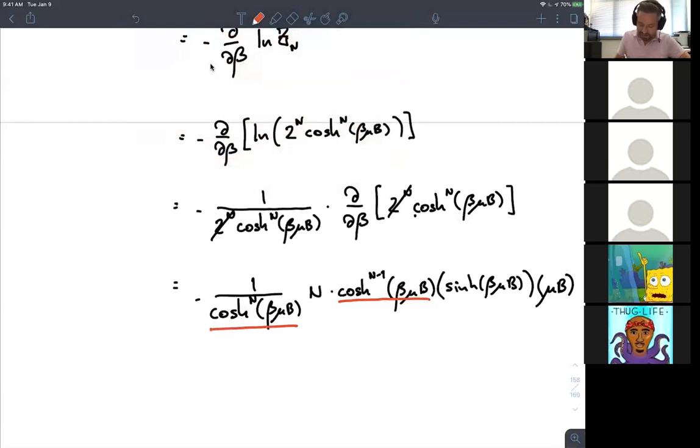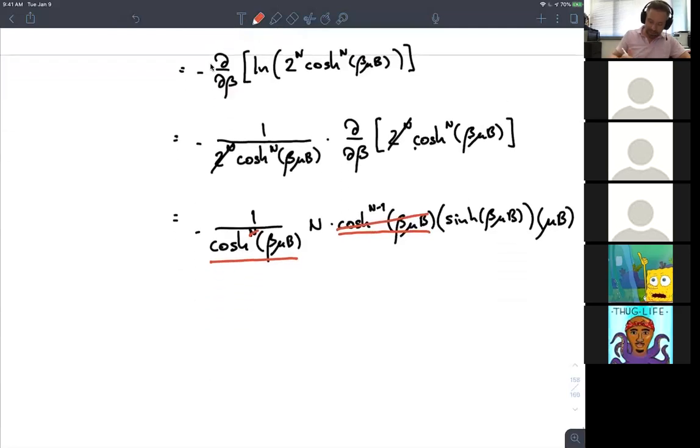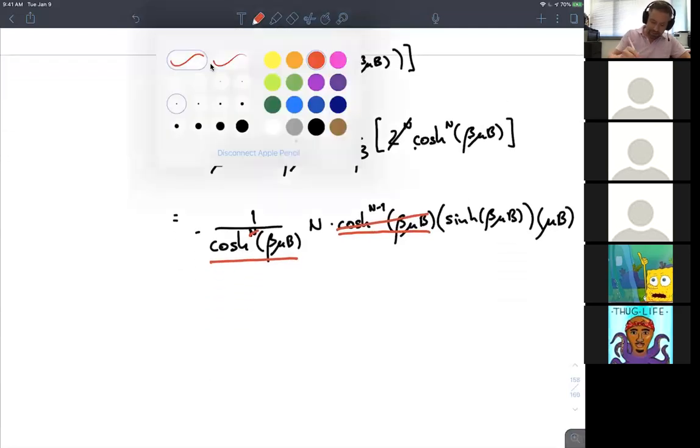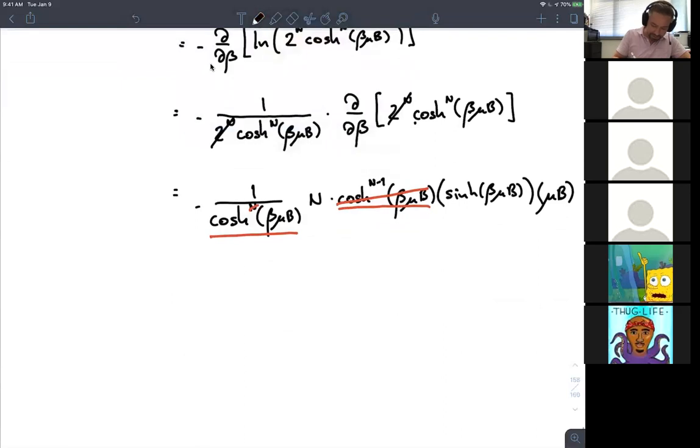So this is going to cancel with all these and just leave us one factor of cosh in the denominator. If we clean this thing up a bit, what we get is minus n mu B times sinh beta mu B over cosh beta mu B.